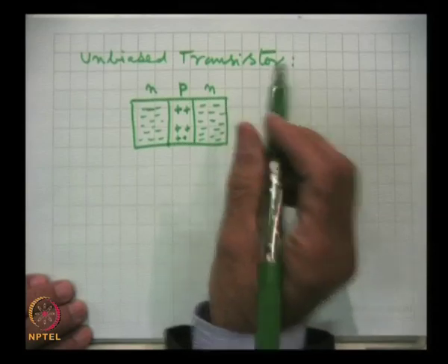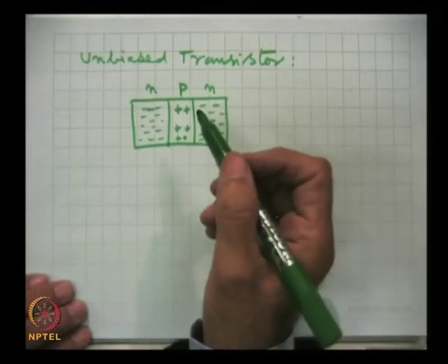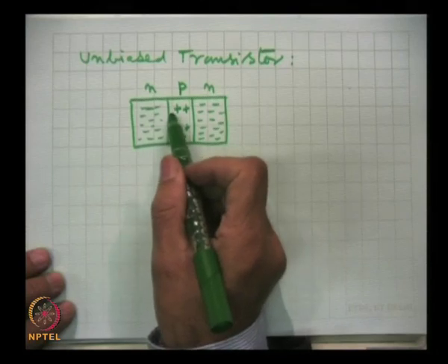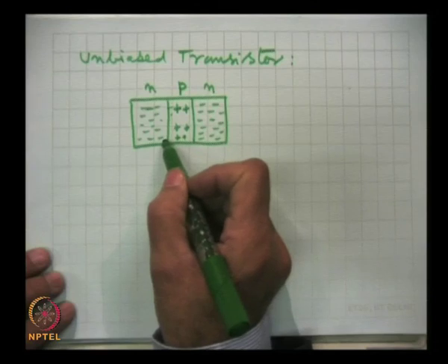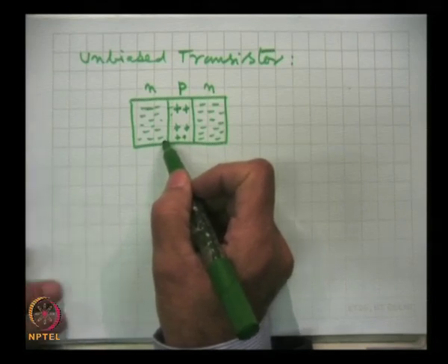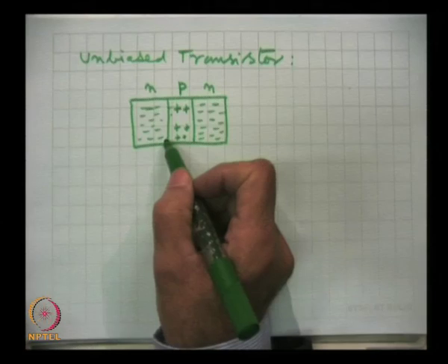Now, we have discussed that when n and p semiconductors meet at a junction and if there is a structural continuity, then the diffusion of electrons and of course, of holes will occur here and a junction will be formed, as we discussed in the case of the diode.